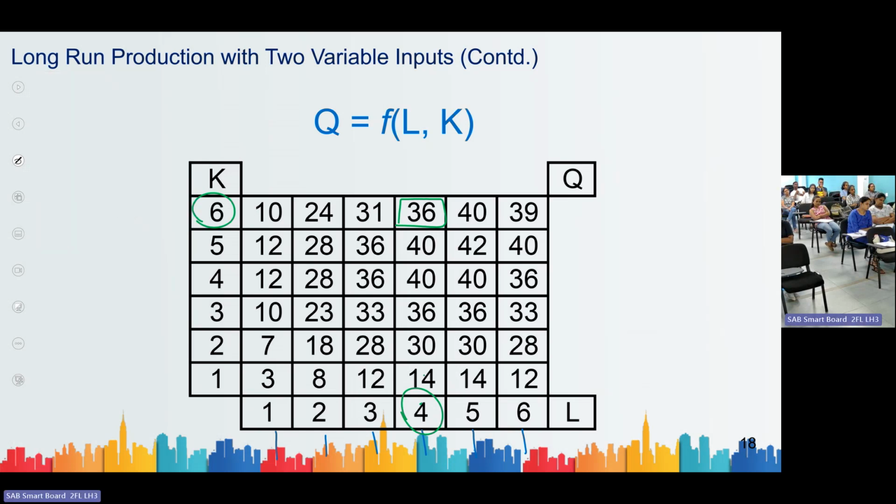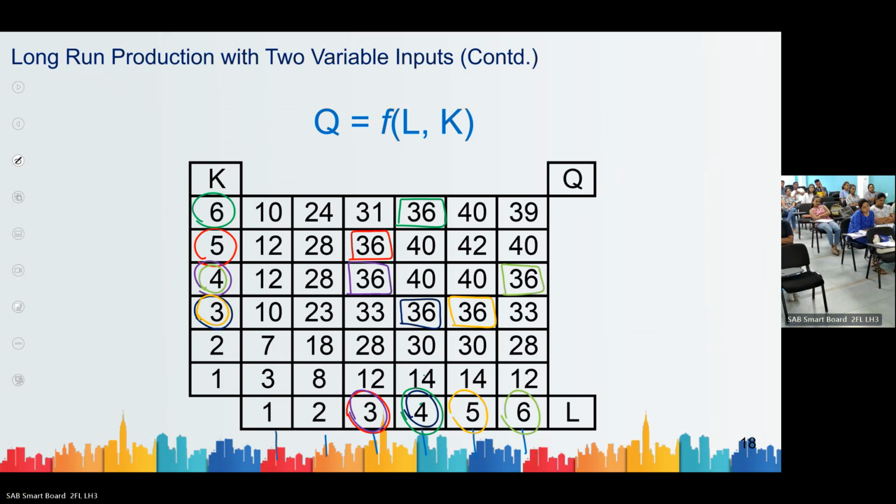Similarly, the firm can produce 36 units of output by combining 5 units of K and 3 units of L. Again, 36 units by combining 4 units of K and 3 units of L. Again, 36 units by combining 3 units of K and 4 units of L. Next, 36 units by combining 3 units of K and 5 units of L. Moreover, 36 units by combining 4 units of K and 6 units of L.